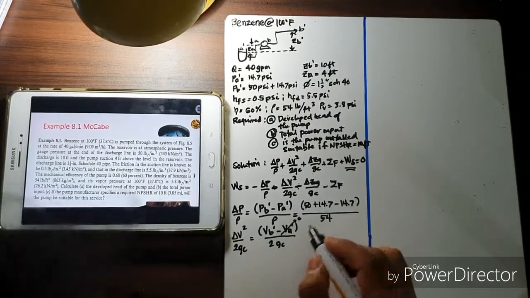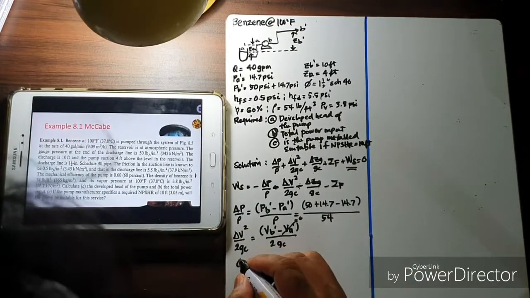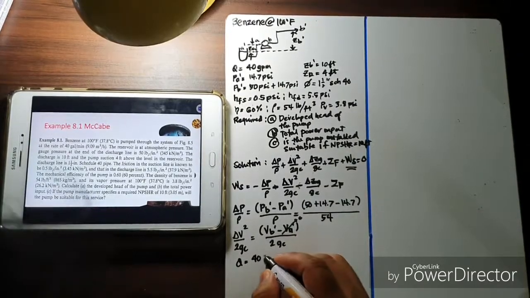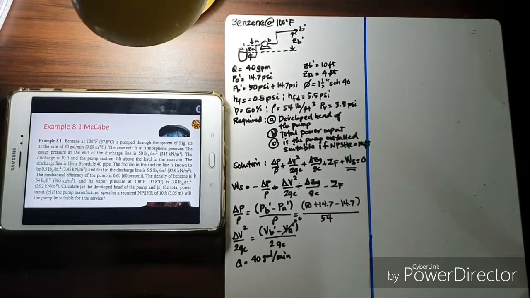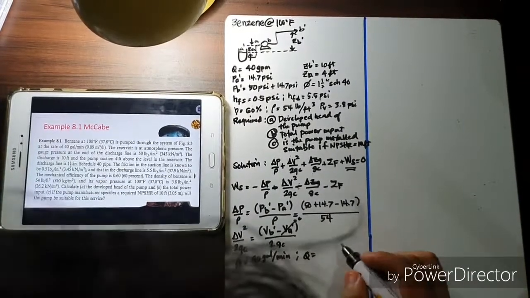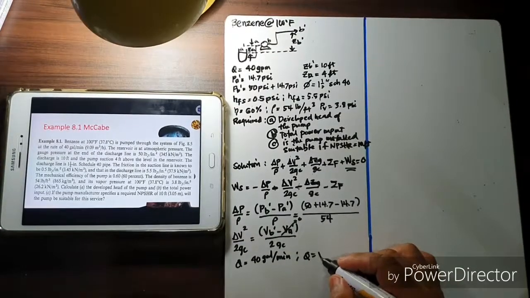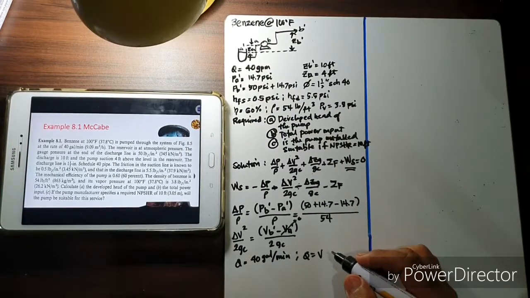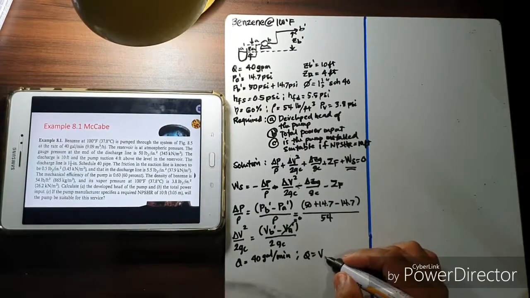Now, how do we calculate v B prime? v B prime can be calculated using, of course, the volumetric flow rate, which is equivalent to 40 gallons per minute. And remember, okay, that your Q is equivalent to velocity times the area.